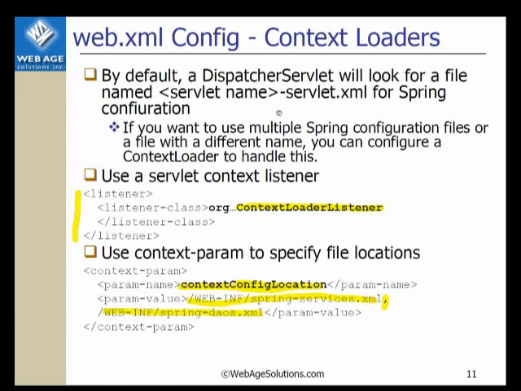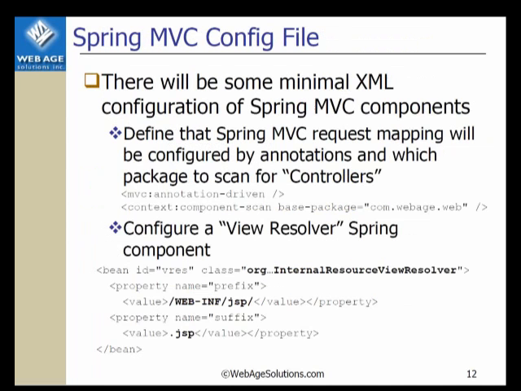Okay. Even though Spring 3 focuses on annotations quite a bit, generally you'll just about always have at least a minimal XML configuration. So here we'll talk about what that minimal XML configuration might be for a Spring MVC application. It might be as simple as just these lines that you see here.